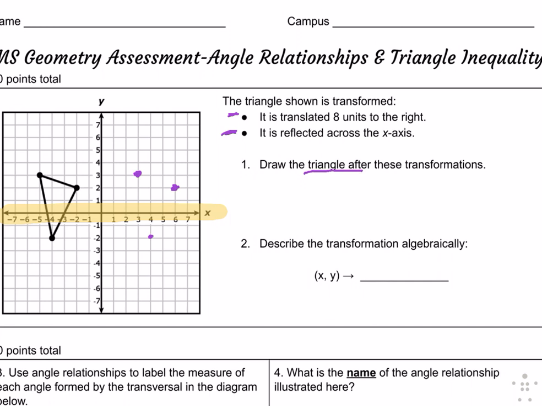For this point, I'm 1, 2, 3 units above the x-axis, so to reflect across the x-axis, I go 3 units down. That puts me right here.